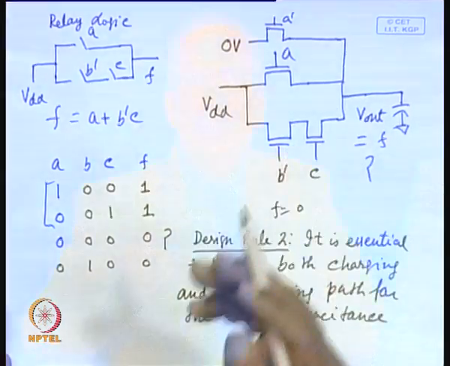So, unlike gate logic realized by using NMOS circuit or pseudo NMOS circuit, where the W by L ratio of the pull up to pull down device affects the output voltage at low level, and we have to maintain some ratio such that you get proper low level output. Here of course, that is not true, that means it is ratioless.